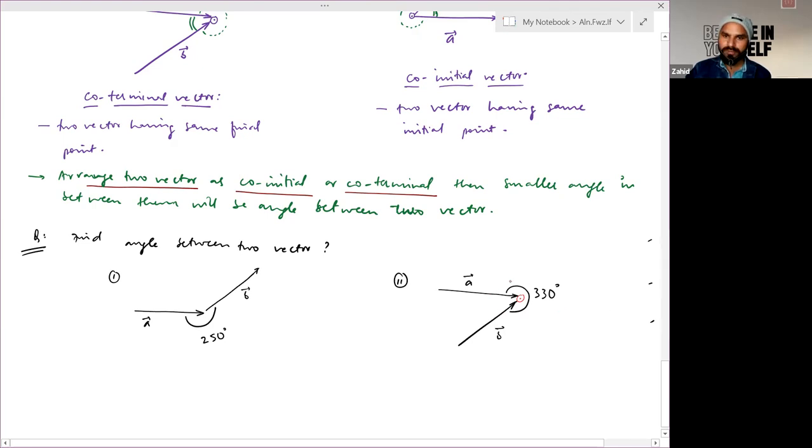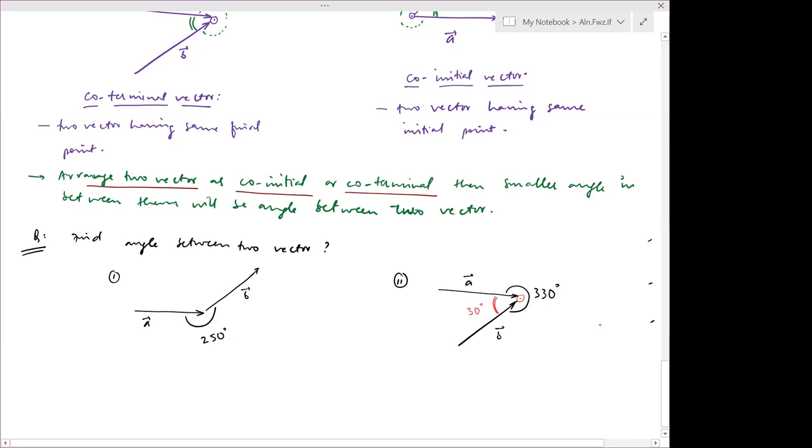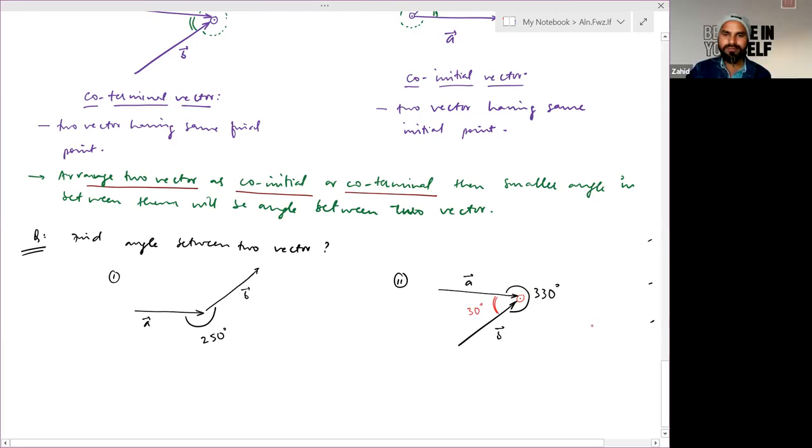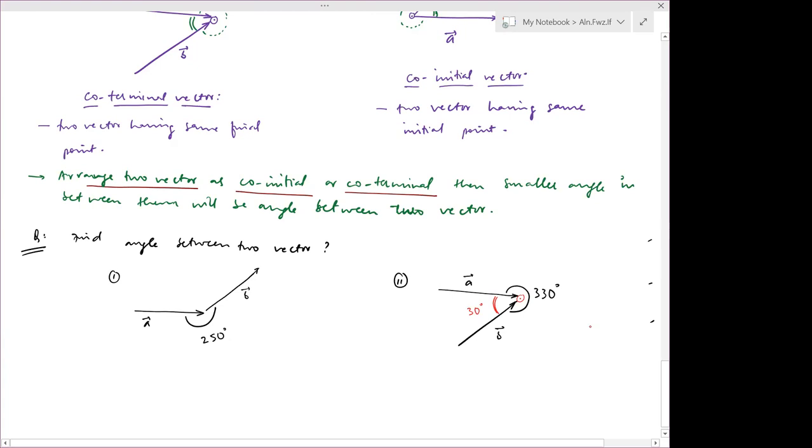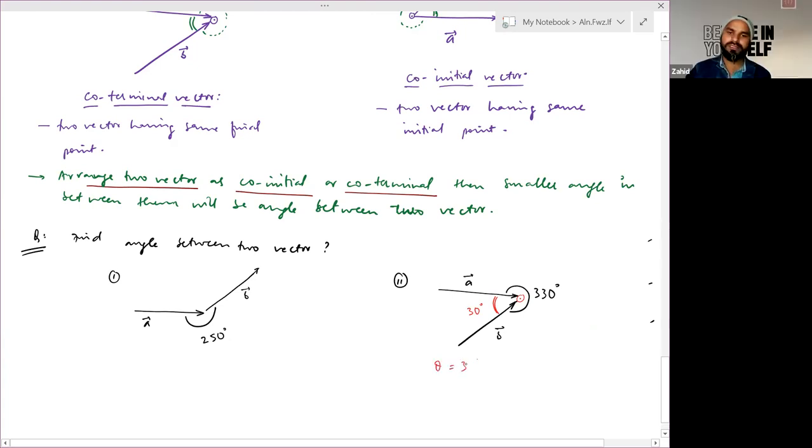As we know, for complete circle, total angle will be 360 degree. And we have one part as 330. So what will be this measurement? 30. So which one is the smaller in between? Sir, 30 degrees. So theta will be 30 degree for this part.